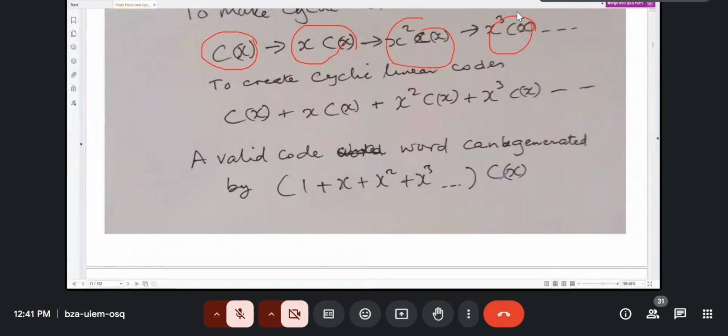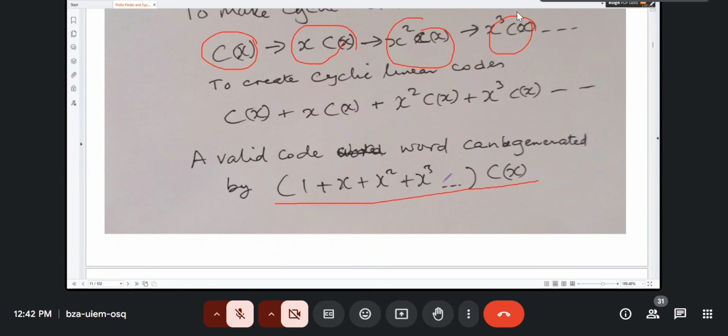Well, we are going to see here that it can be generated by this, but we'll see later how to generate this. So we are saying this can be a valid code word, a valid generator, but you see how you decide on the valid generator.